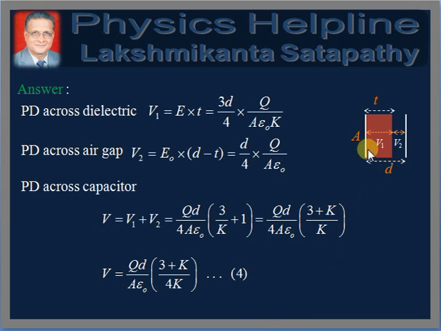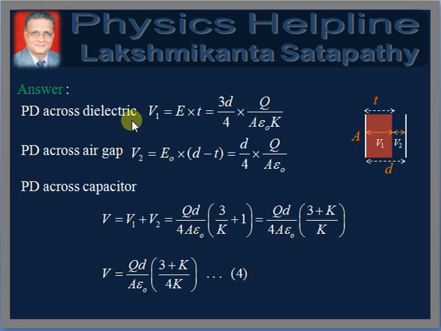Now we will determine the potential difference across the capacitor. It has two parts. One is the dielectric and the second is the air gap. Let the potential difference across the dielectric be V1 and that across the air gap be V2. Now we'll calculate one by one. Here we'll use the relation: potential difference V is equal to electric field into distance.